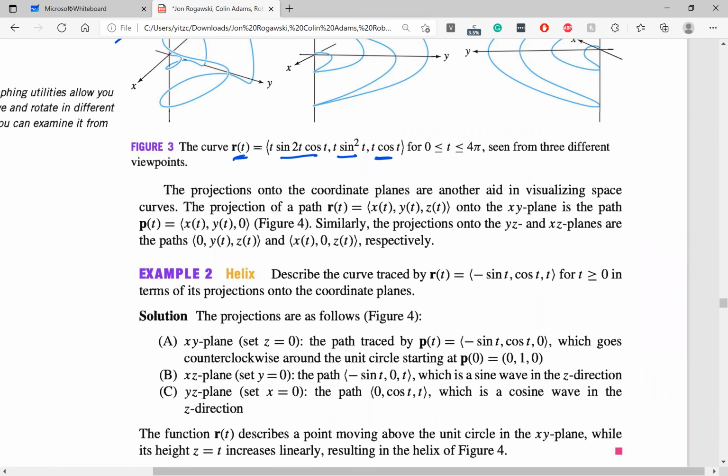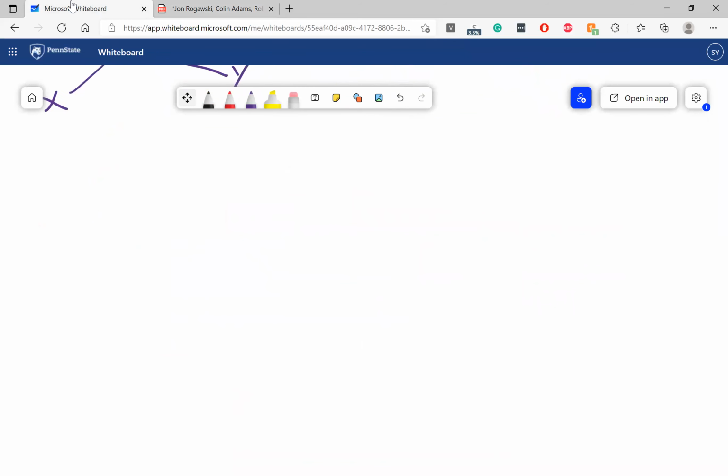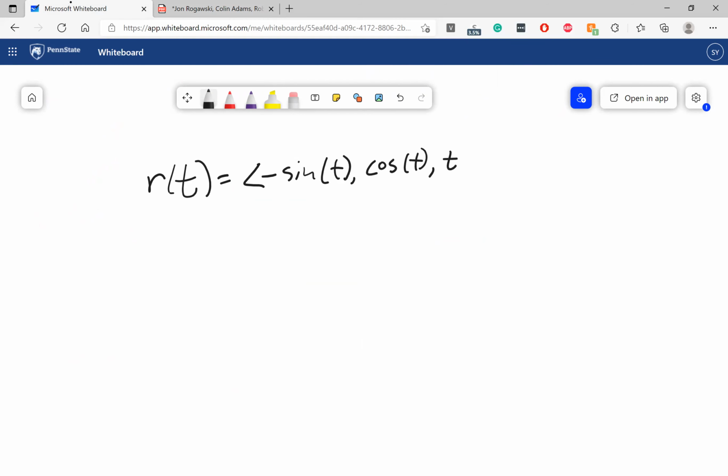Okay, so the next type of curve that they would want you to be able to draw and picture is a helix. They're telling you, okay, find the curve given by R of t equal to negative sine of t, cosine of t, and t.